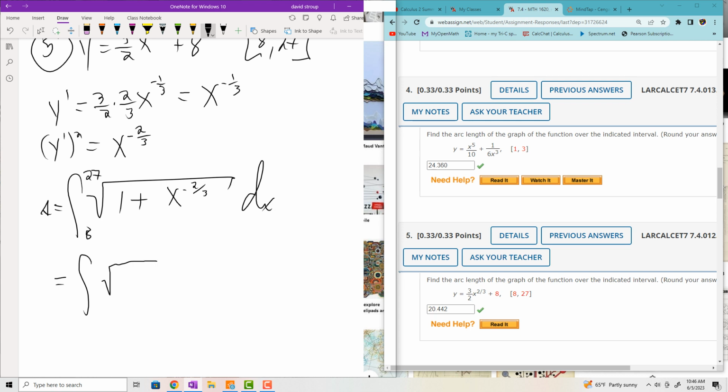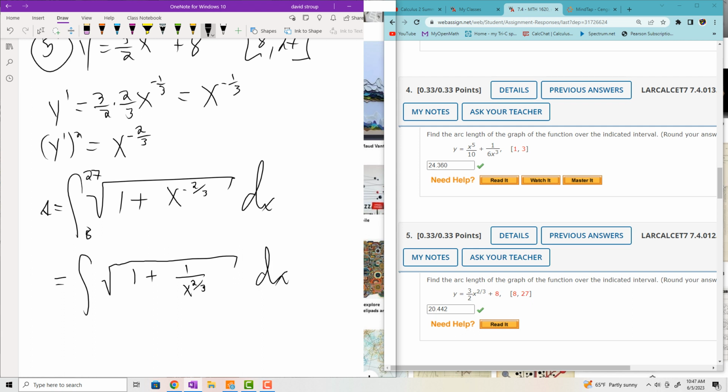I'm going to first rewrite the inside part of the square root as a fraction, because then I can take the square root of the top and the bottom and hope for a u sub cancellation there. So I have 1 plus 1 over x to the positive 2/3 inside the radical.